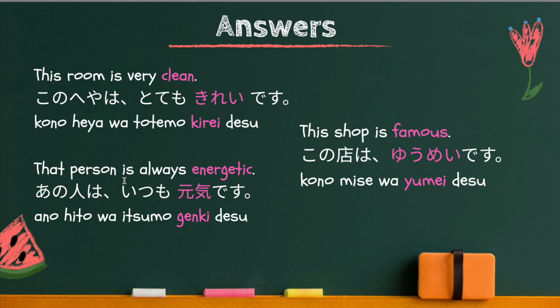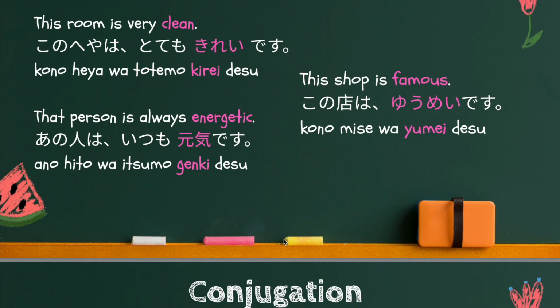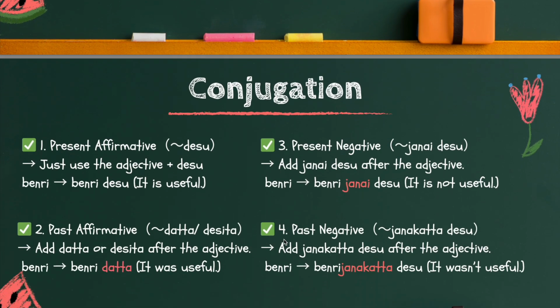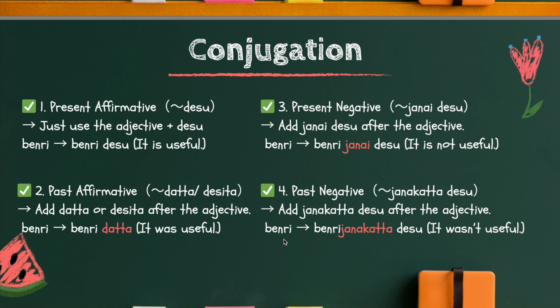And now these are all present tense, but if you want to change them into past tense or negative form, you need to follow a specific conjugation rule. This conjugation rule is different from i-adjectives.